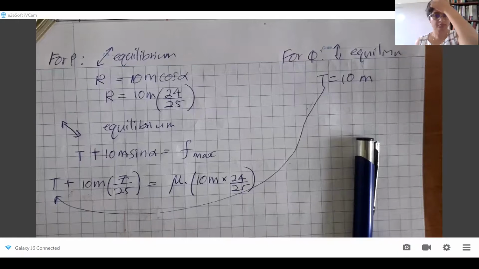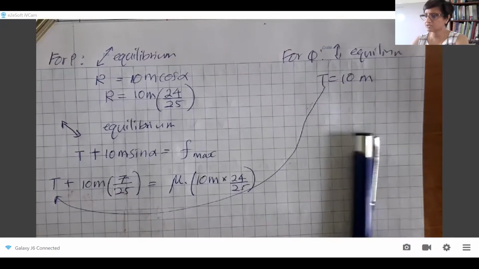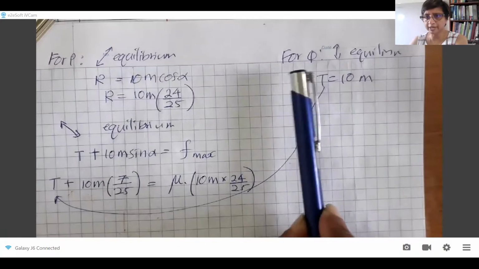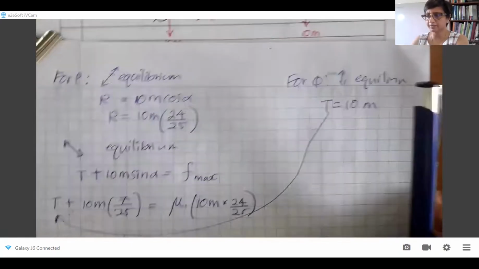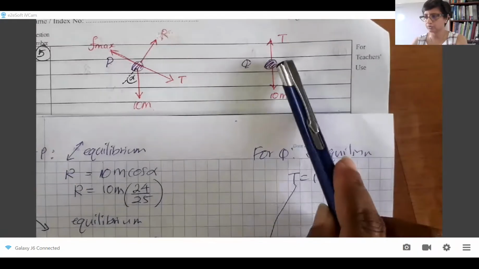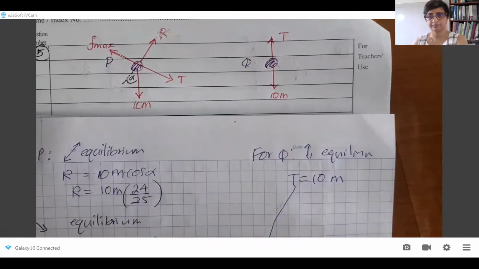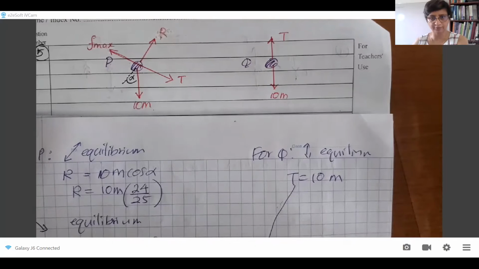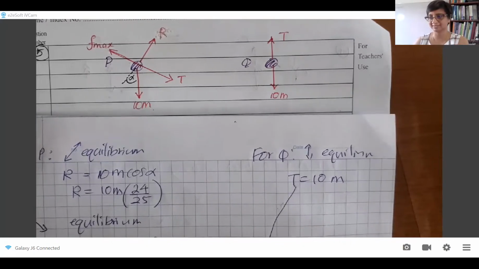Sorry, not mu, the coefficient of friction we found. How did you get T equals 10m there? This is for Q, vertical equilibrium. I'm applying it for Q now. Oh, okay. You forgot Q. There are two verticals. Never mind.